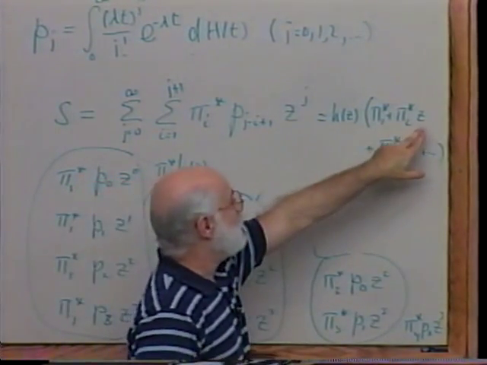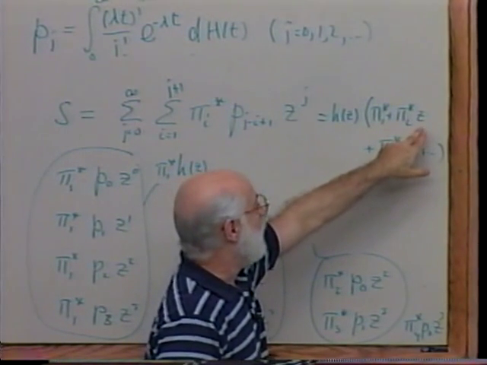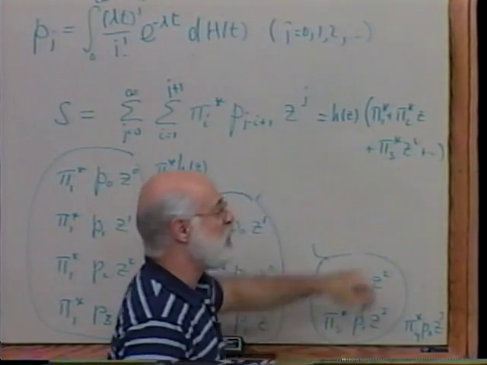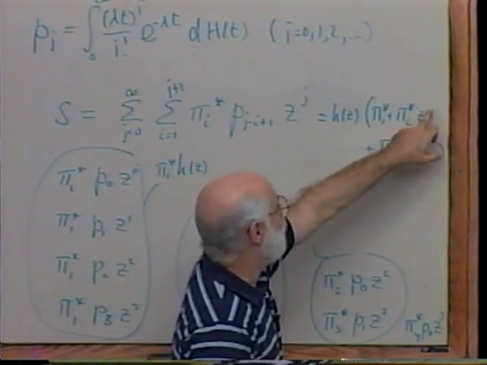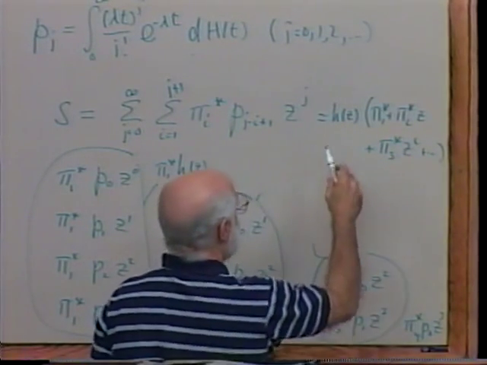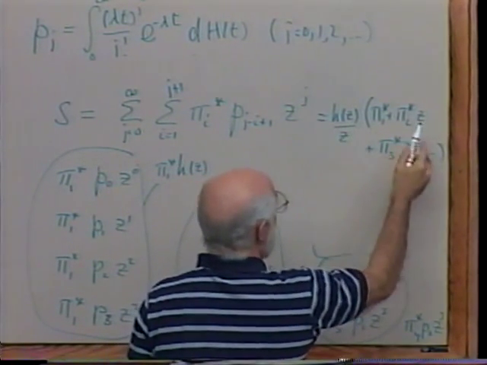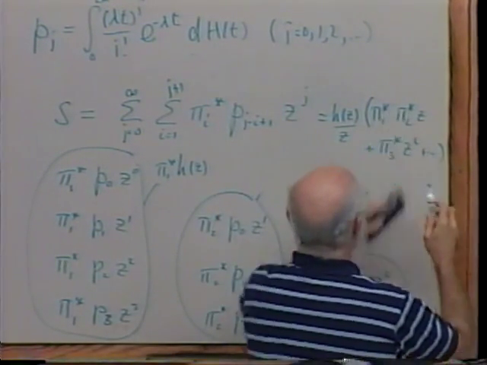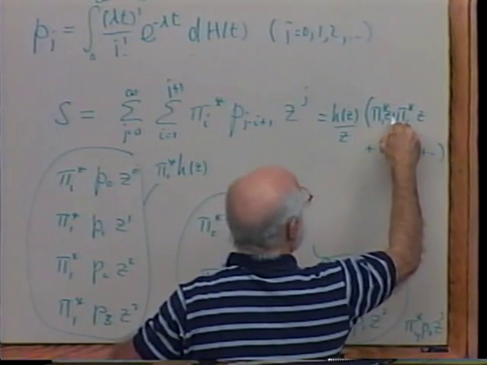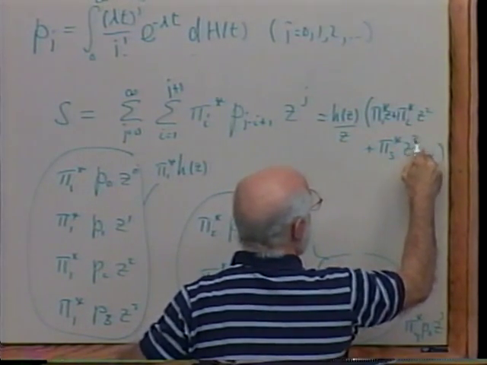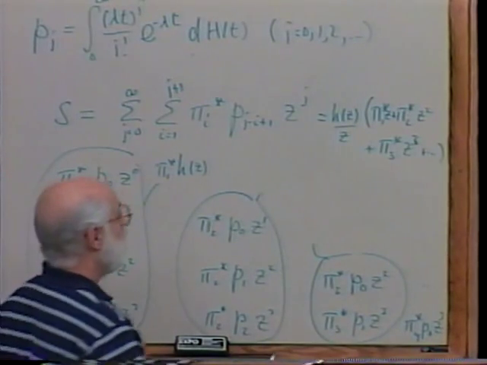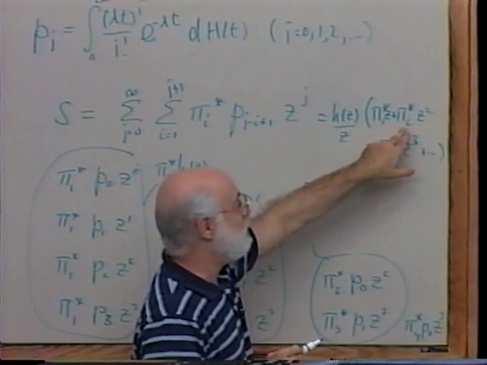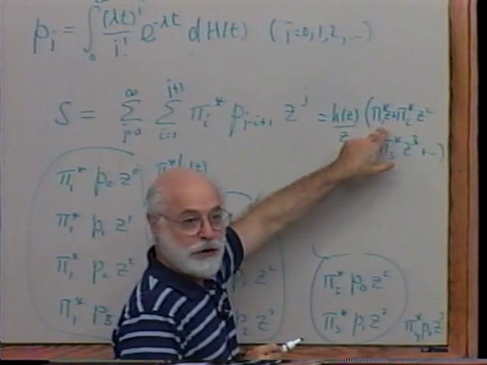Now, this would be a generating function, except that the power of z is off from the subscript by 1. So if this were z squared and this were z cubed and so forth. So what I'll do is I'll divide by z and multiply by z. That's going to make a z here, and a z squared here, and a z cubed here, and so forth. Now, this thing here is, again, the generating function of h of z, except it's missing the 0th term.